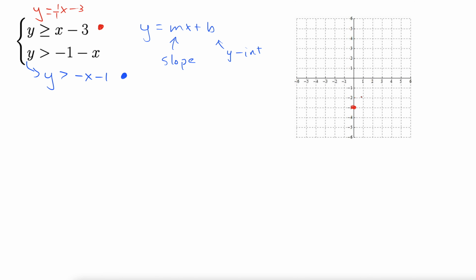Then we go up 1 over 1, up 1 over 1. That will eventually cross the x-axis at 3, and because it's a perfect diagonal line, and we have an equal sign here, that tells us it's a solid line. Okay, so that's good news. Here we go. Let's connect everything up like so.